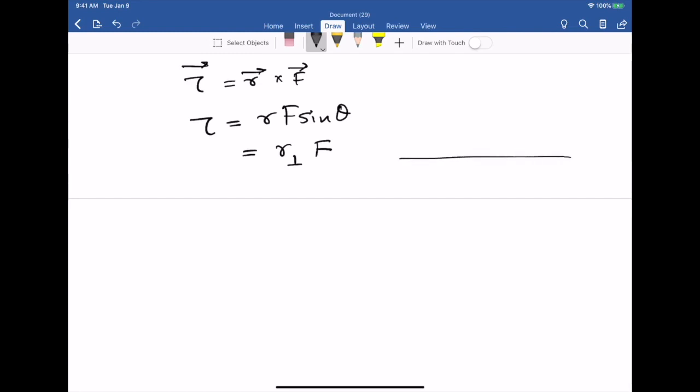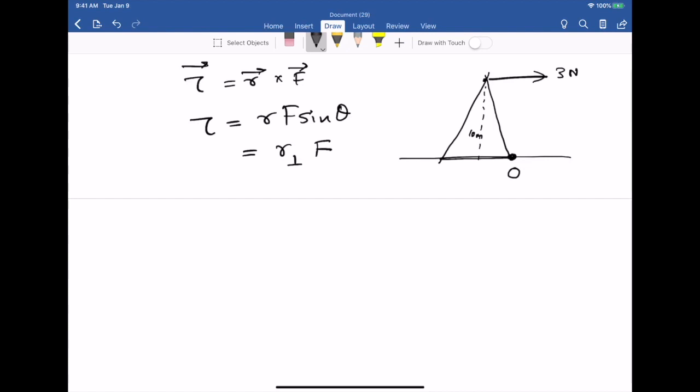Suppose you have this triangular object which is standing on the ground, and let's say this distance is 10 meters, and you're exerting a force of 3 newtons at the top of the triangle, and that force is horizontal, so it's parallel to the ground. What is the torque of this force about the point O?